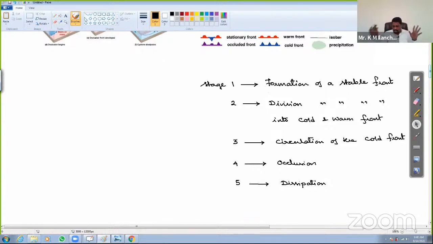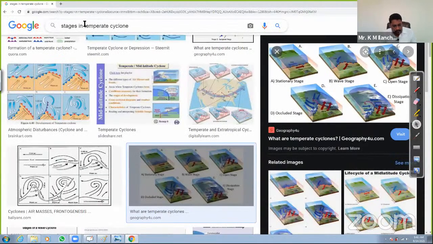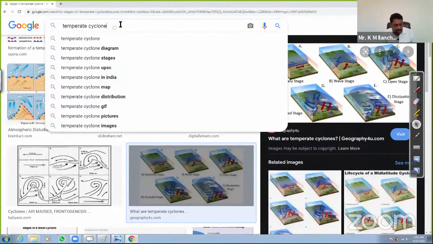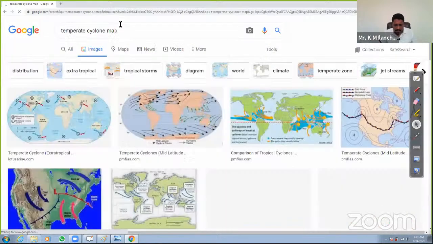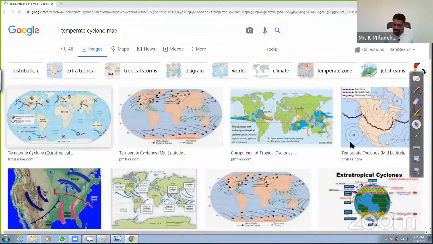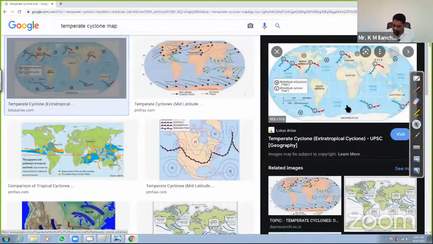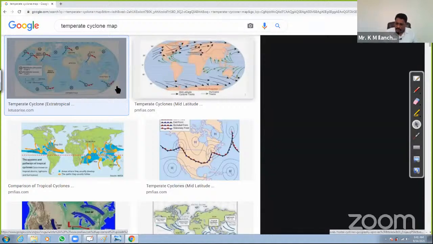So what is temperate cyclonic circulation? We have an idea. Temperate cyclonic circulation can have its influence both over land and water. It will be happening in both the hemispheres. So with this, we are completing temperate cyclonic circulation. Here again, a useful image.